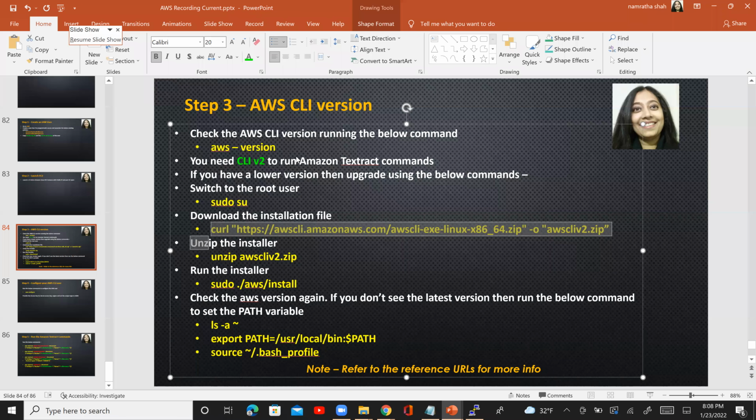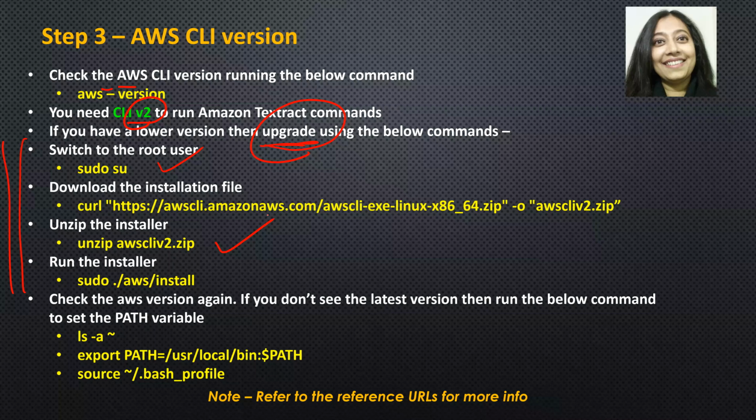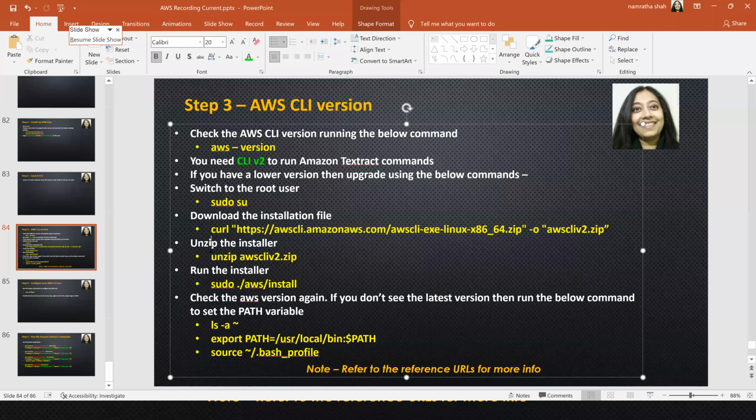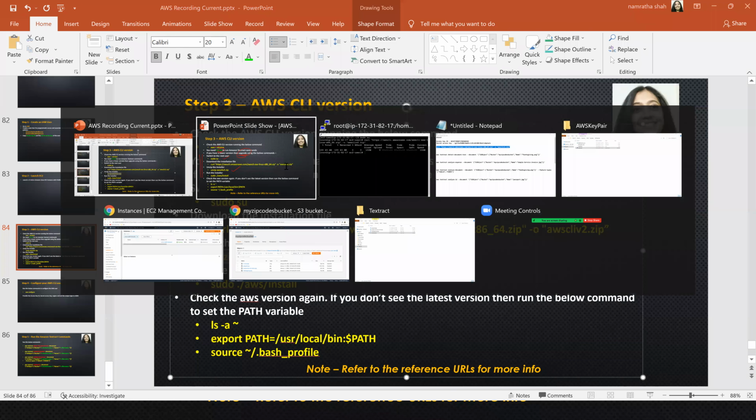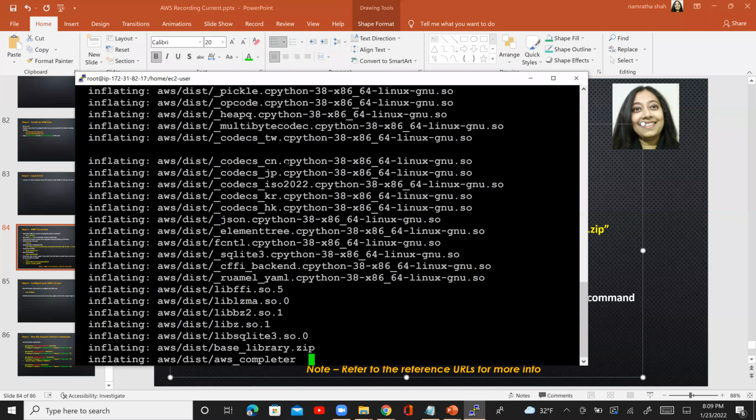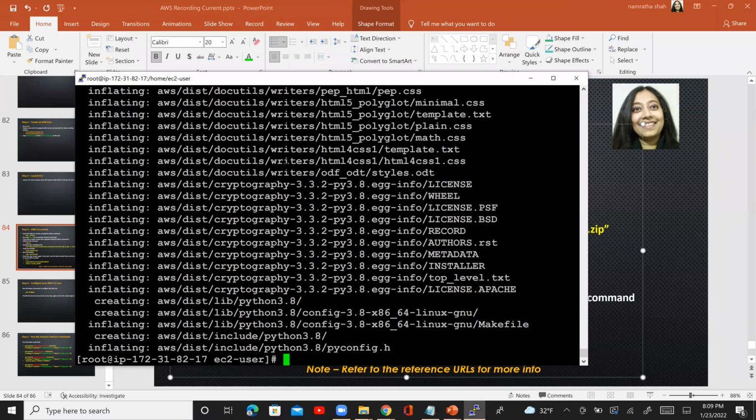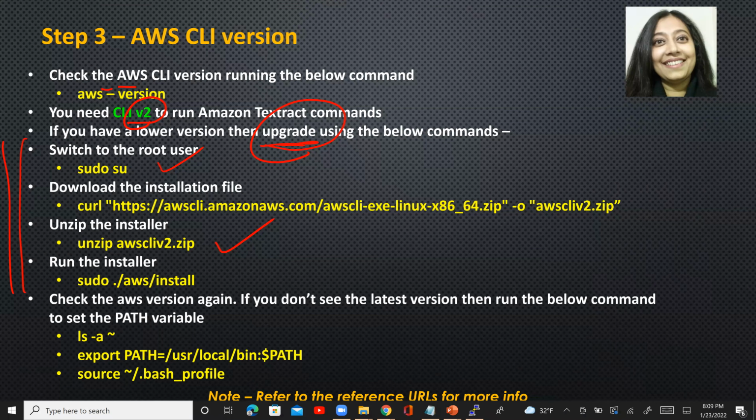After that, we are going to unzip the installation file. So let us do that. So copy this and then paste it right here. So it's unzipping the installation file. So it unzipped it.